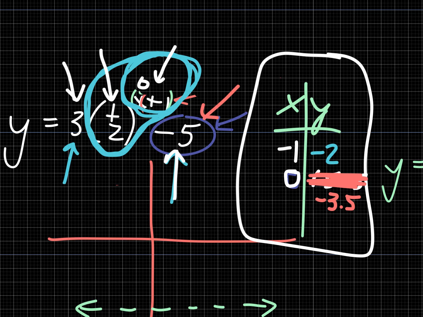How about -2 is actually going to work out incredibly well. I'd like you to see -2 being put in and working really nice. Focus. Put -2 into this equation.